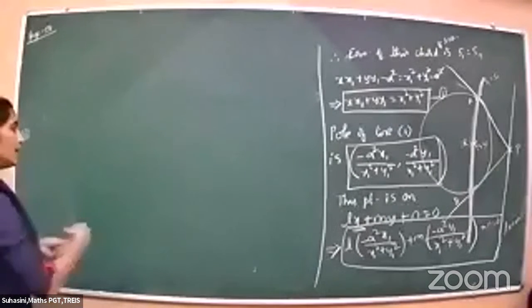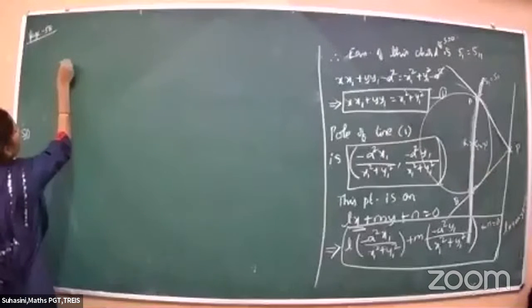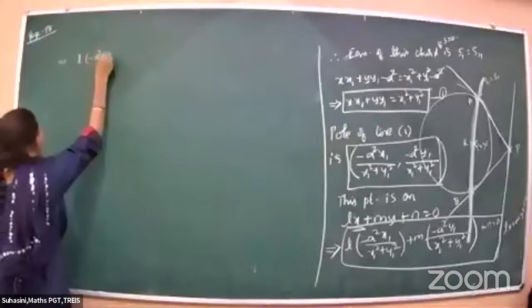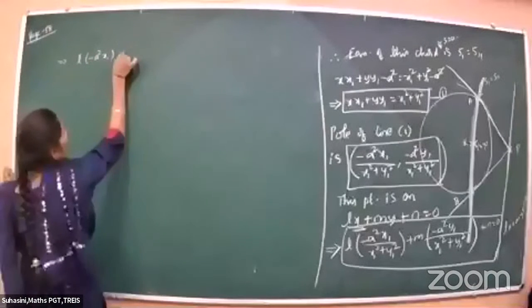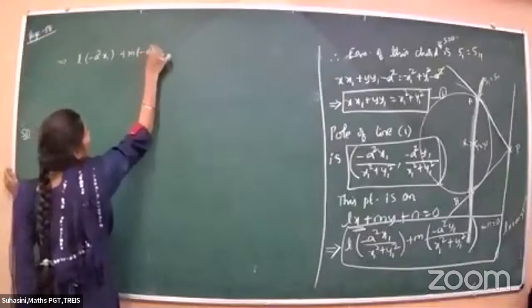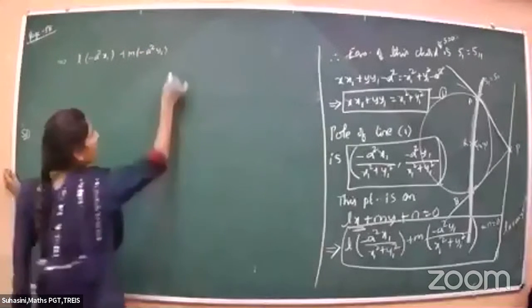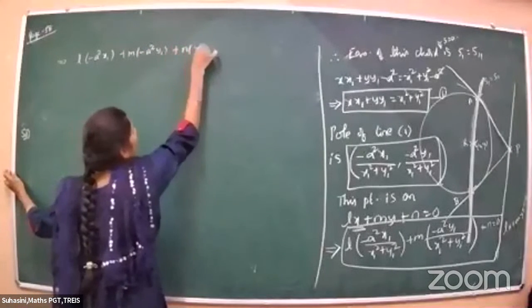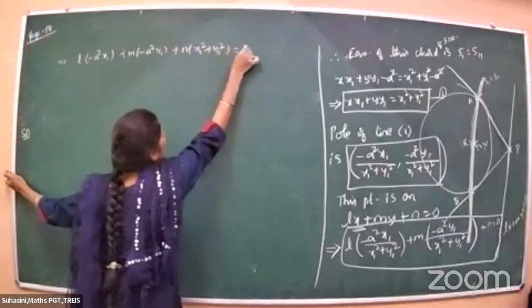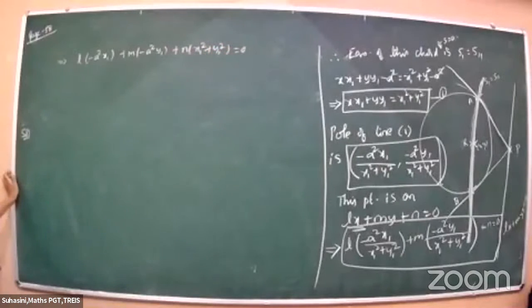So it's l into minus a square x1 plus m into minus a square y1 plus n into x1 square plus y1 square is equal to 0.